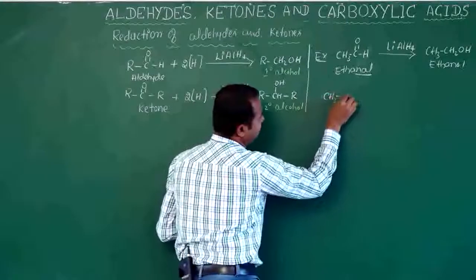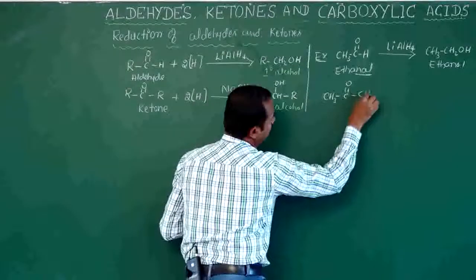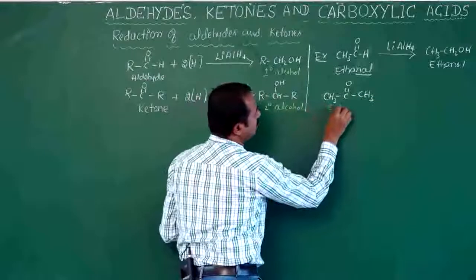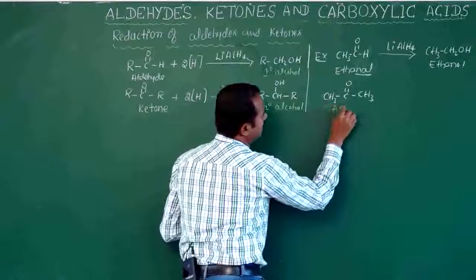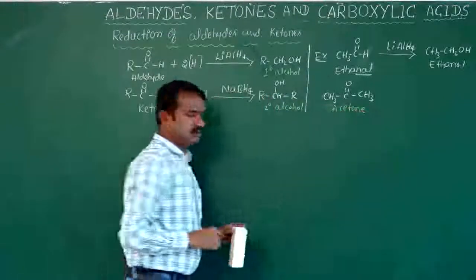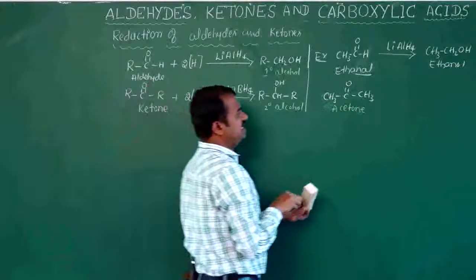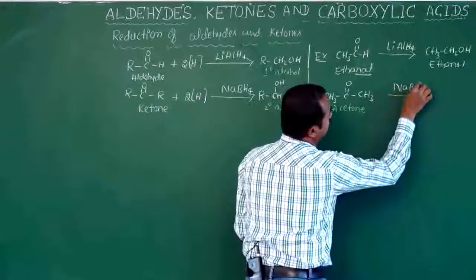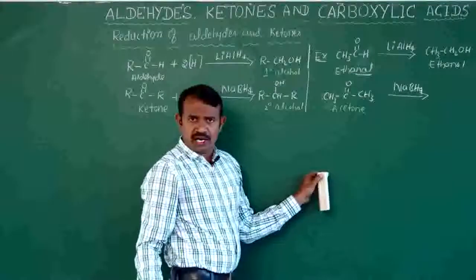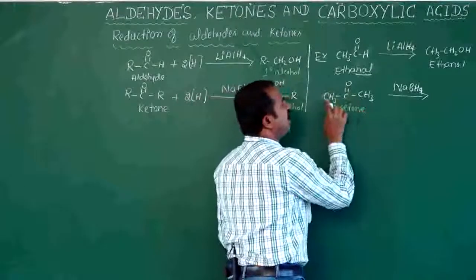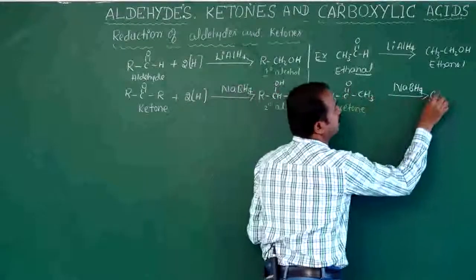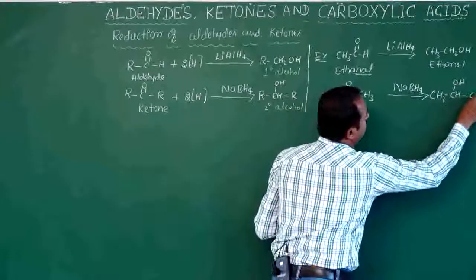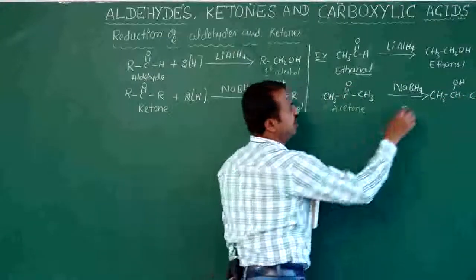Take an example, isopropanol from acetone, CH3COCH3. This is the example. The name is acetone. When acetone is reduced with lithium aluminum hydride or sodium borohydride, it gives CH3CHOHCH3.